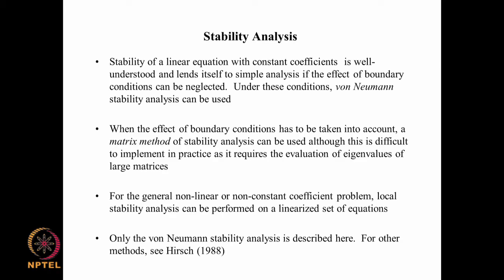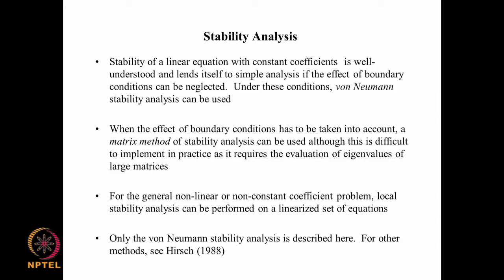Okay. So, we are going to discuss the simplest of the stability analyses, which even though it is simplest, still gives a feel for the possibility of instability, gross instability, which manifests very quickly. Okay.